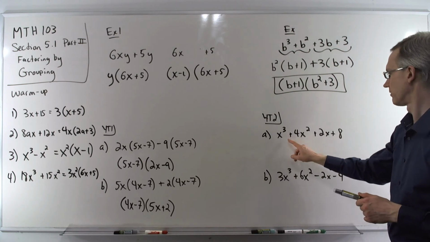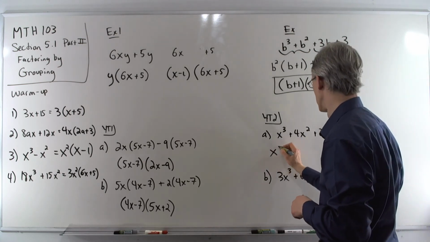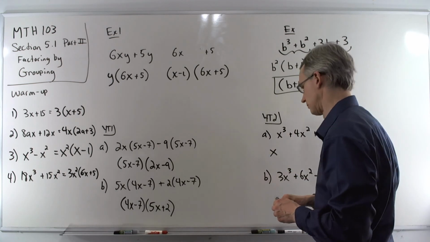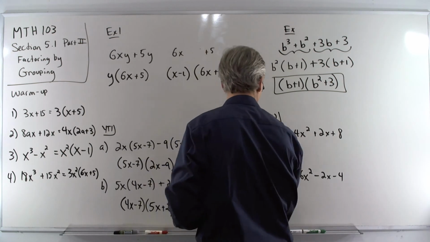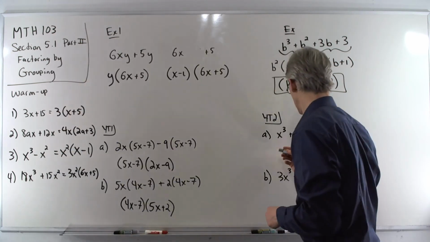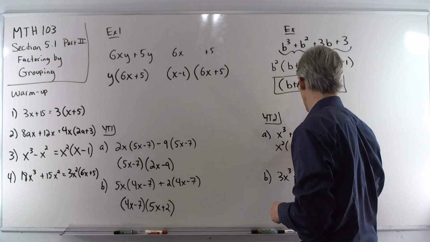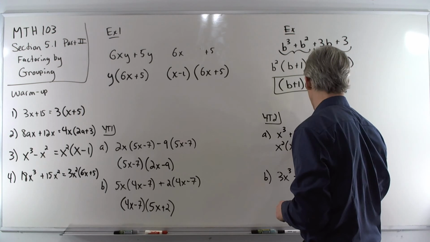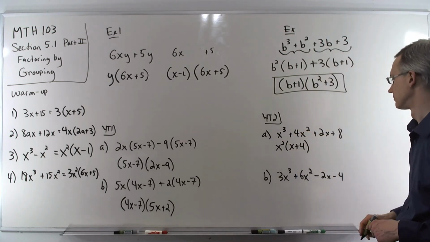So in this one, we can factor out an x squared from the first two terms. And when we factor out that x squared, we get x plus 4.